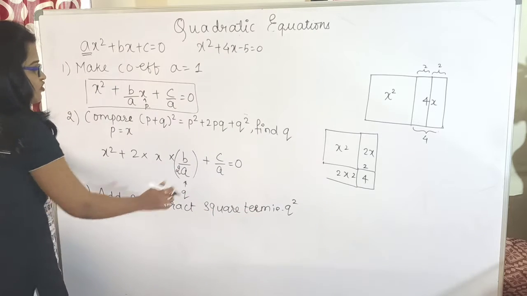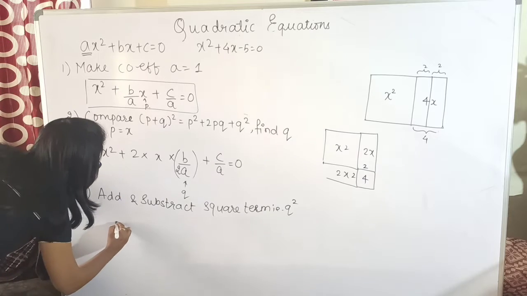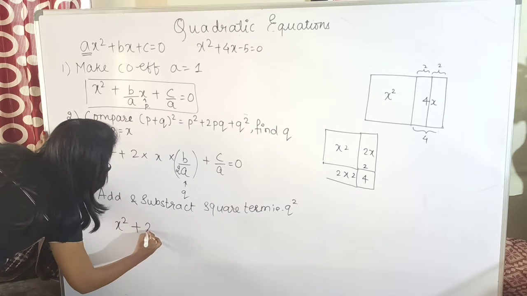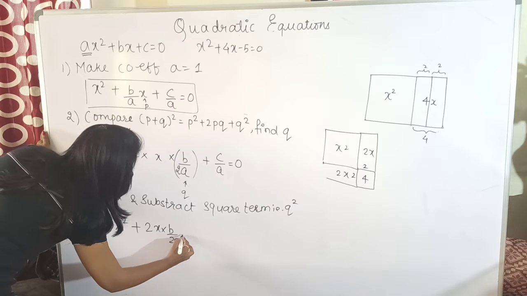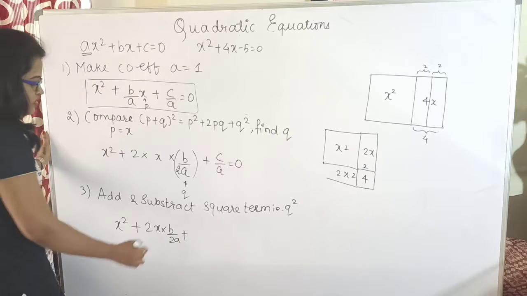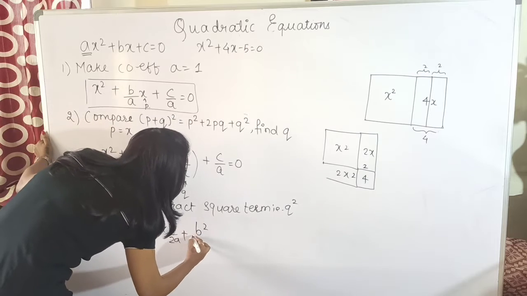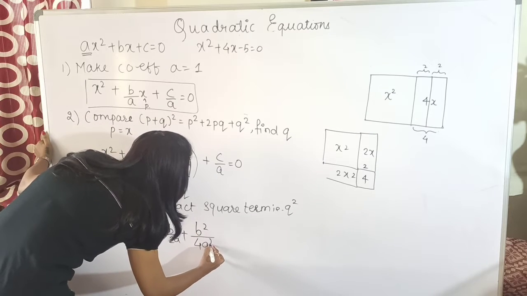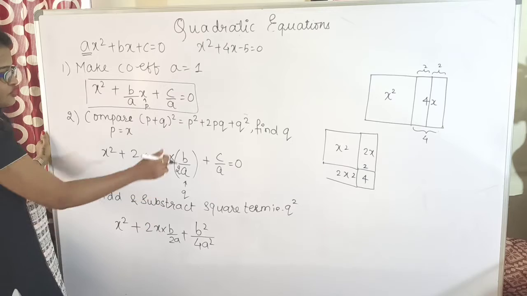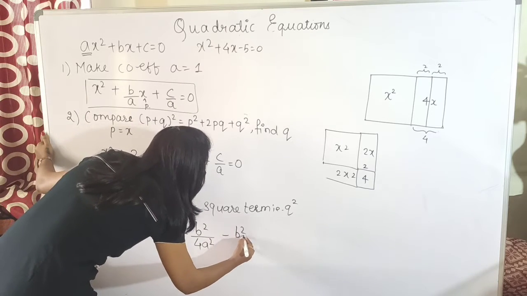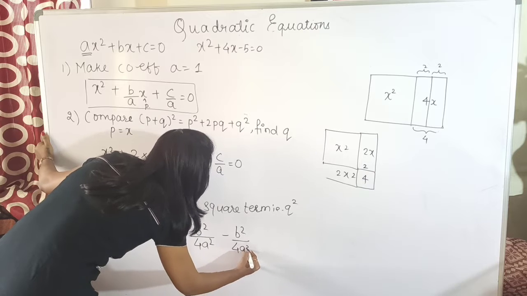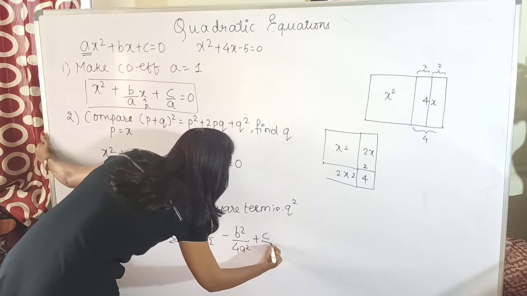Okay, since I have got the value of q, let us write it as x square plus 2x into b by 2a. This is my q. Let us square it. So b square by 4a square. Since you are adding it, which was not present in your original equation, definitely you will subtract it also, and your constant term as it is.